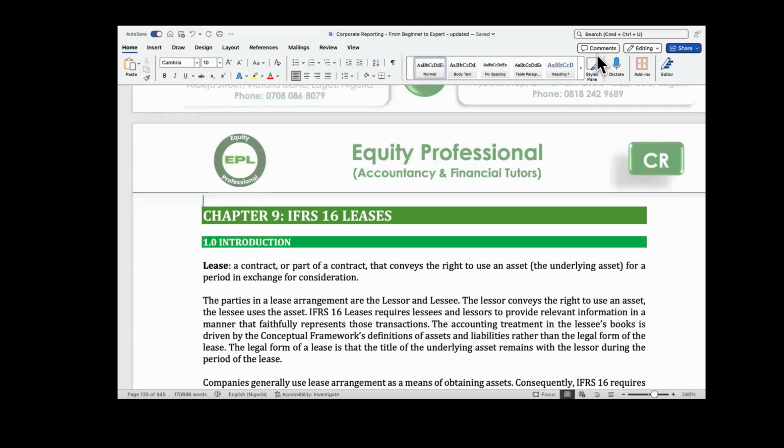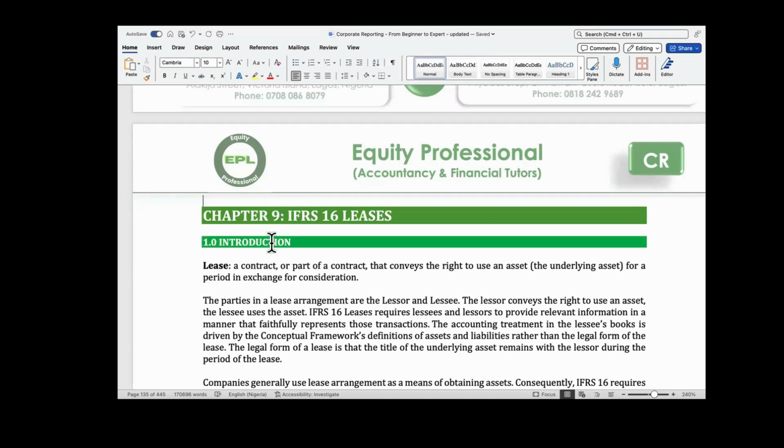And when you have a contract, to identify that there is a lease in that contract, we said you must be able to see that the lessee has right to control the asset.